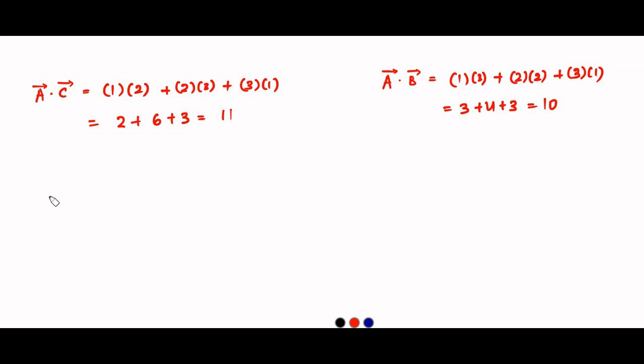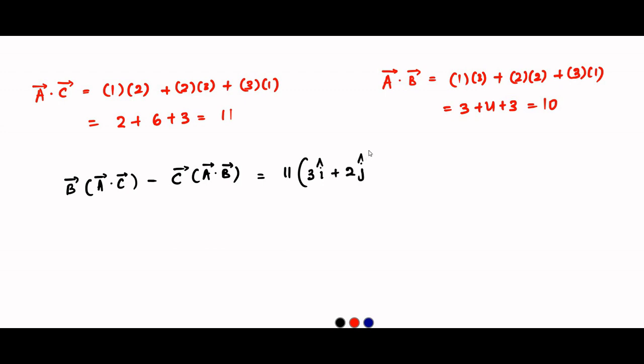It becomes b vector into a vector dot c vector minus c vector into a vector dot b vector, that is equal to 11 multiplied with b vector, which is 3 i cap plus 2 j cap plus k cap, then minus a vector dot b vector, that is 10, a scalar value.